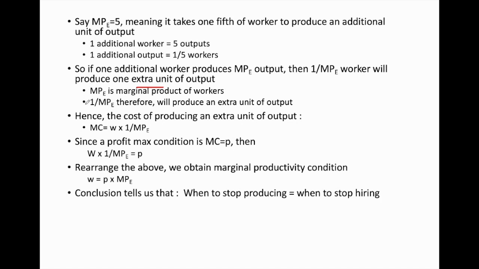And that understanding is represented here. MPE is the marginal product of worker, so 1 over MPE will produce an extra unit of output. With that understanding, we can say that the cost of producing one extra unit of output is given by the marginal cost, equal to W, the wage rate, times the amount of worker that it takes.